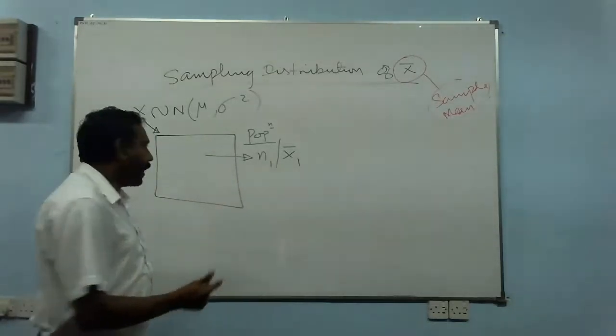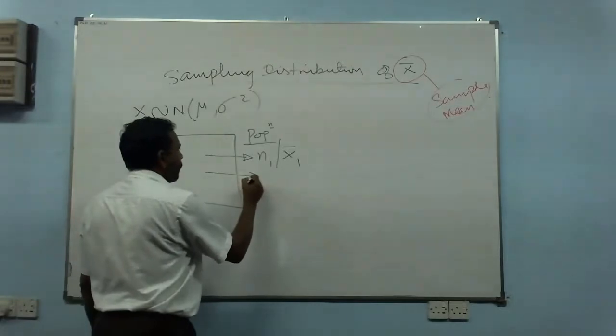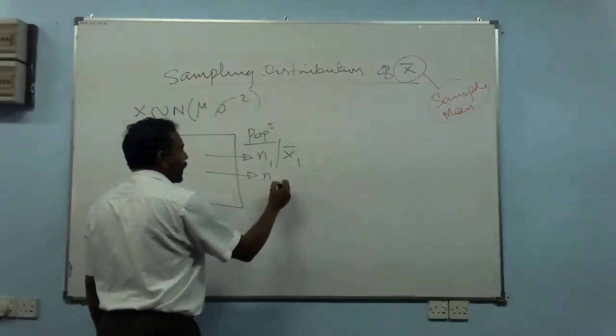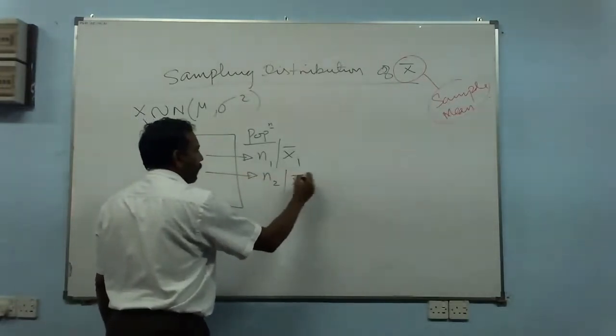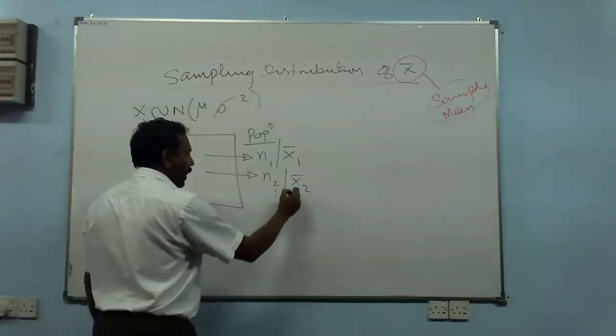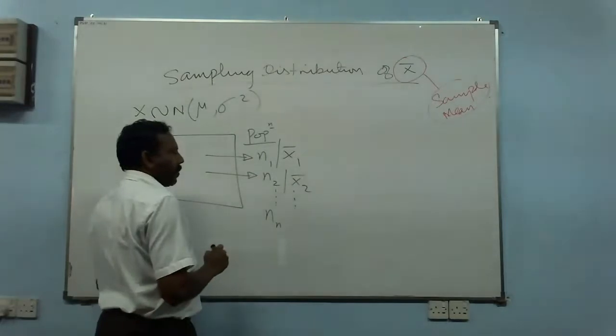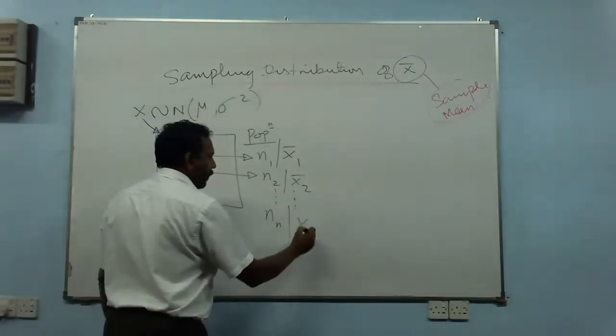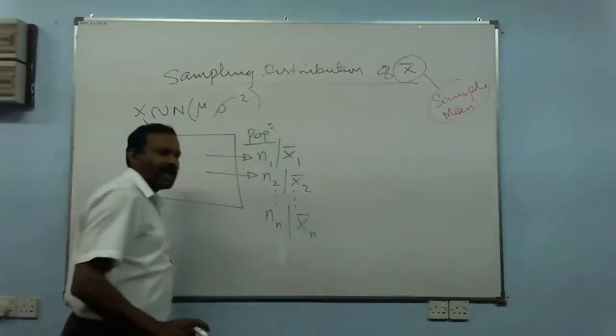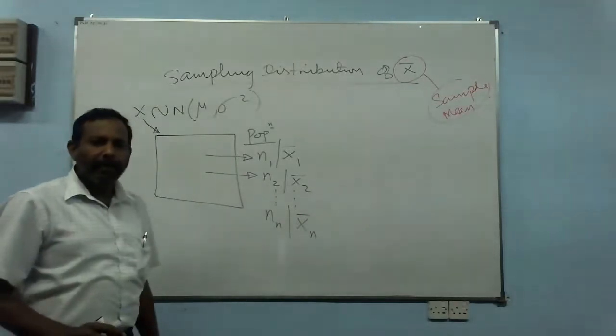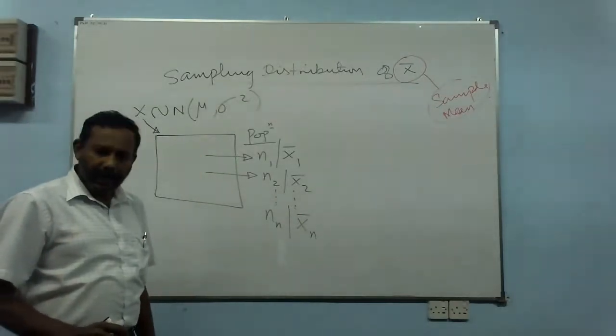Take another set of sample, where I put it as N2 and X2 bar. Likewise, I can get n number of samples, where the mean of the last is Xn bar. Is it clear?